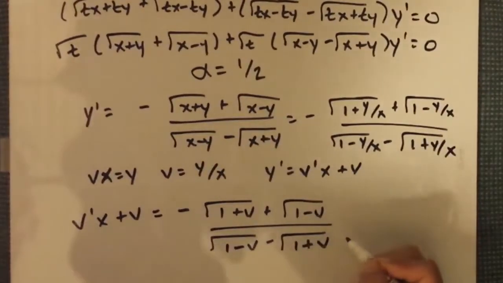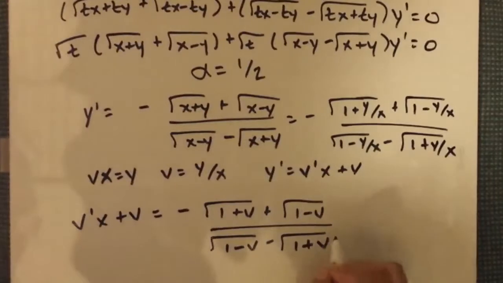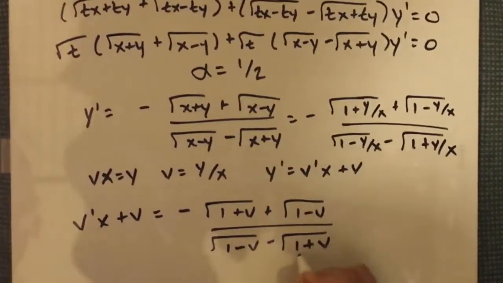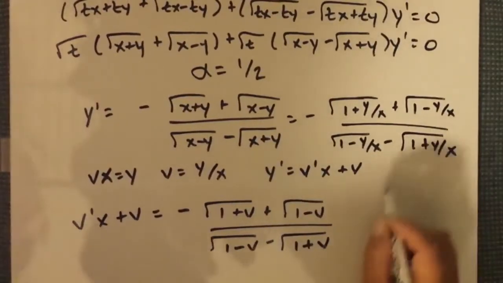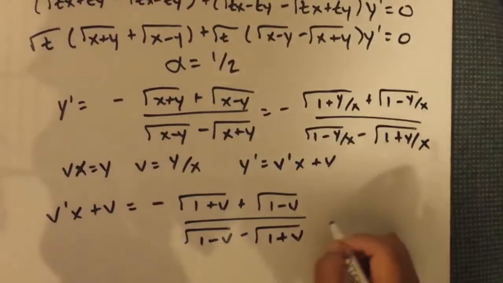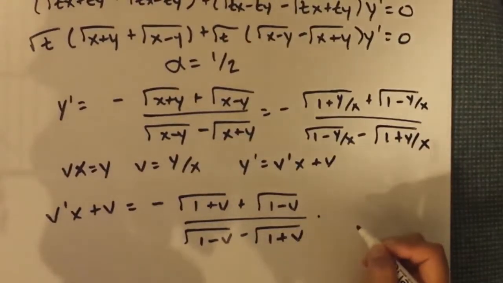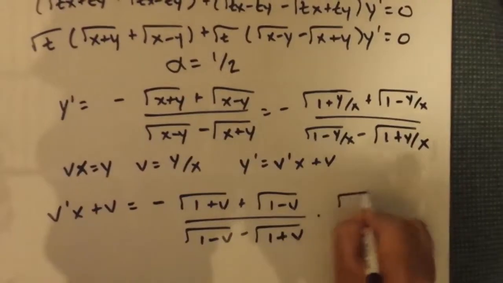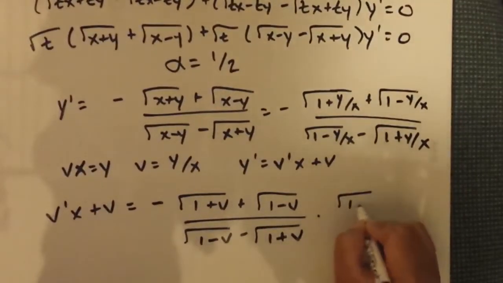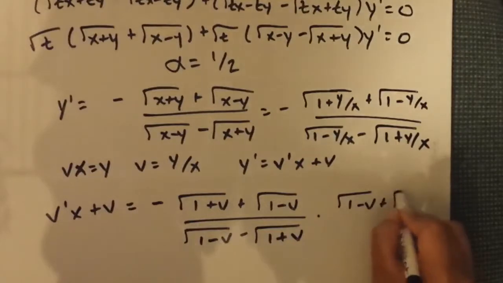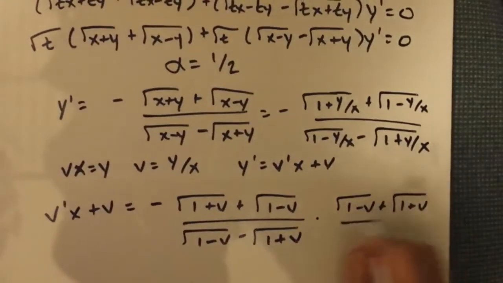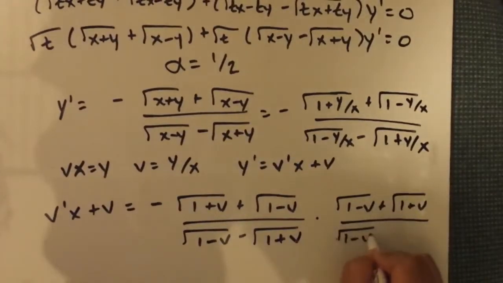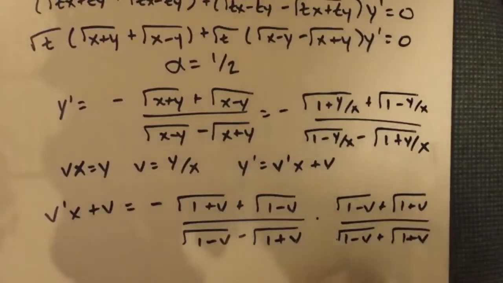My apologies, I didn't carry over; it's going to be the square root of 1 plus v. Now we're going to multiply by 1. We're going to be multiplying the square root of 1 minus v plus the square root of 1 plus v, over the square root of 1 minus v plus the square root of 1 plus v.